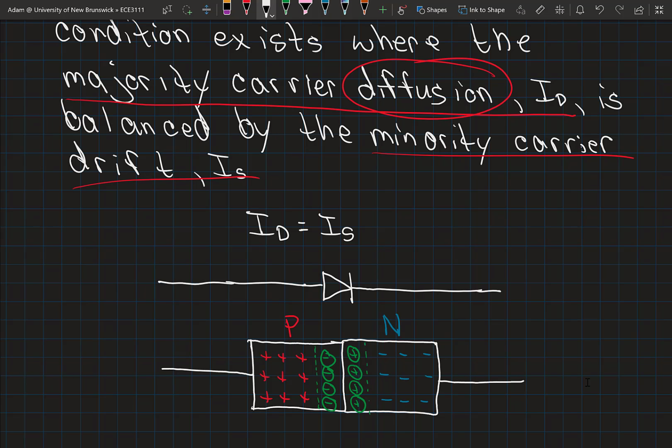This is just looking at the internal structure of a diode, where this end is the anode, the p-type material is our anode, and the n-type material is our cathode.